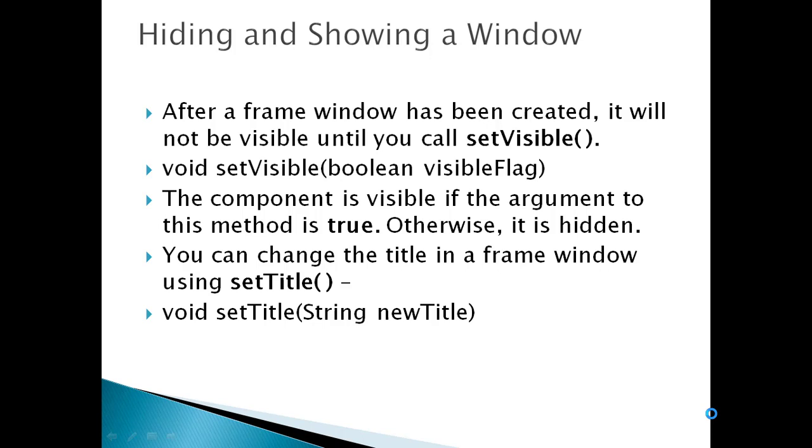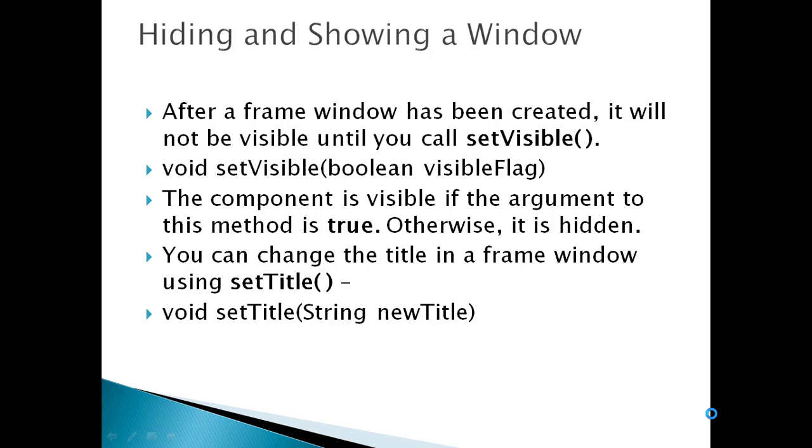If we provide true, then our frame window is displayed on the screen, otherwise it is not displayed. The component is visible if the argument to this method is true, otherwise it is hidden.